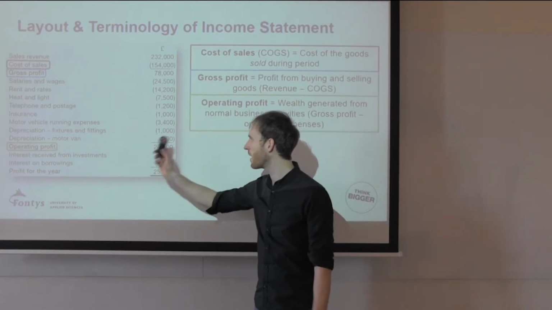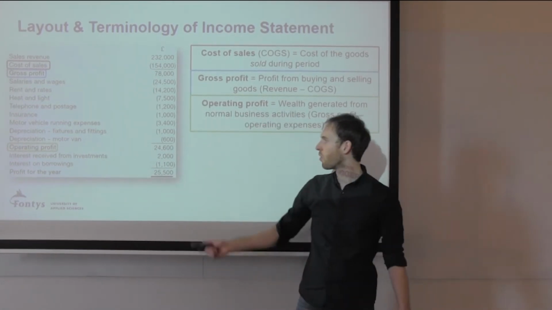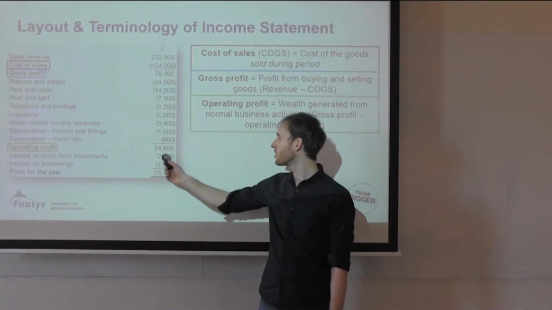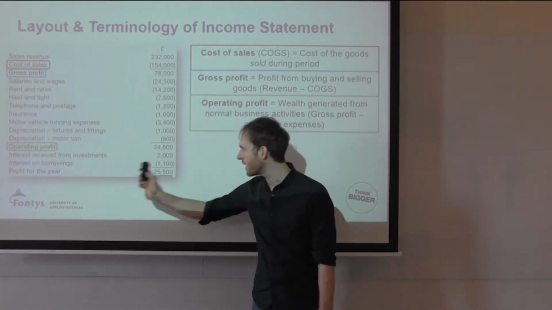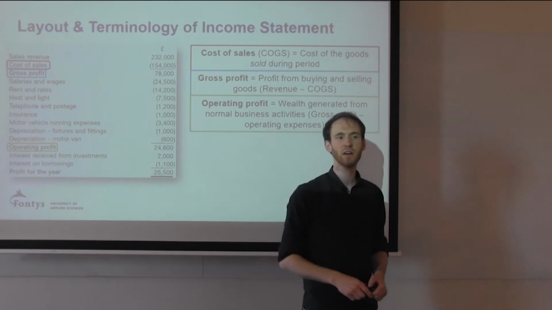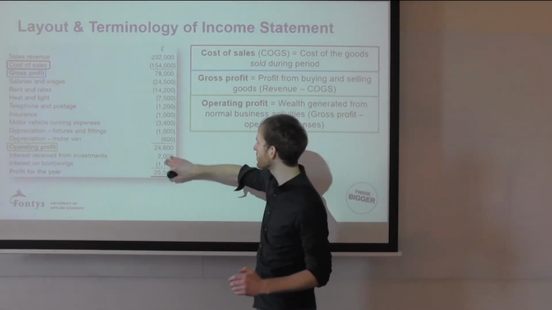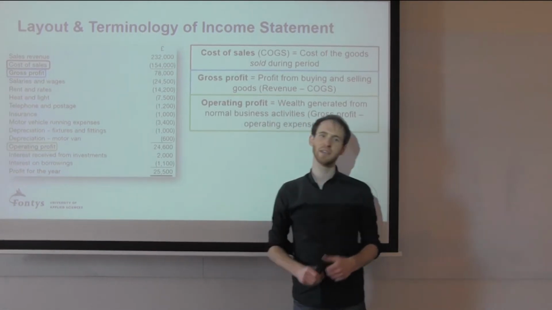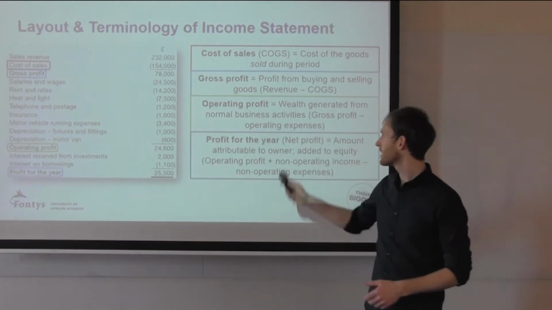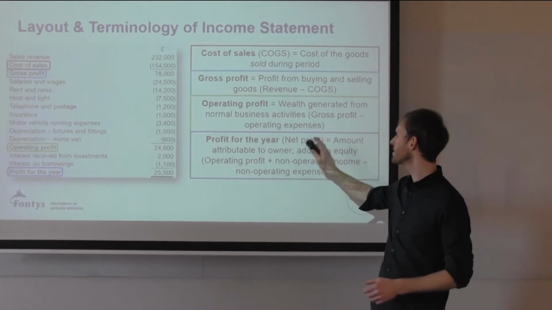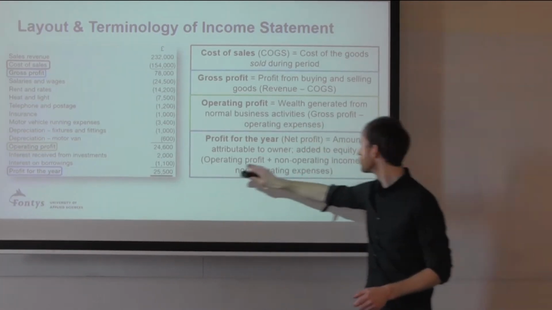And then finally, you might have certain interest received, or you have to pay interest on borrowings. You add or subtract this, and then you get to the net profit for the year, or profit for the year, which is then the bottom line. So of course, if you don't have these things, you can directly go to the net profit. But this is the general layout. As seen, profit for the year, also called net profit, is the amount attributable to the owner.